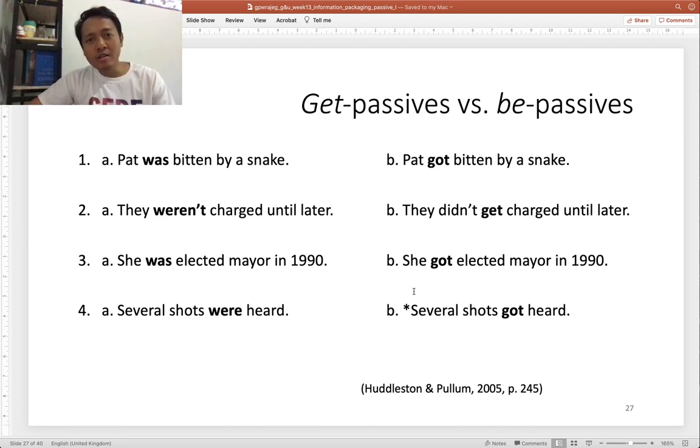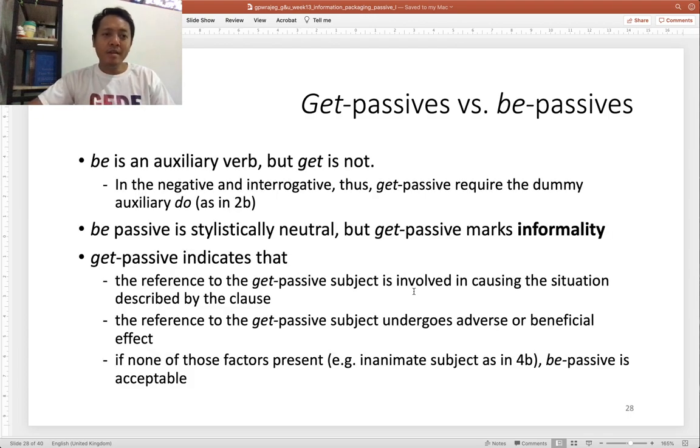Now, how can we differentiate these two? First, be is an auxiliary verb, but get is not. So get is a lexical verb, because you can still use get in a lexical sense, such as I get the book, I get the food, I get the meal, and so on.